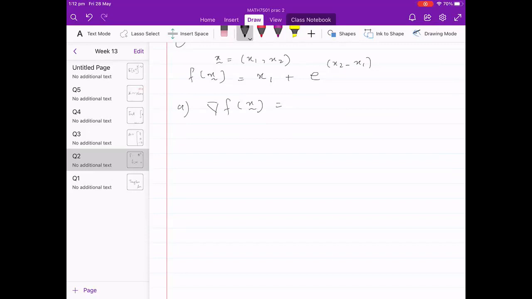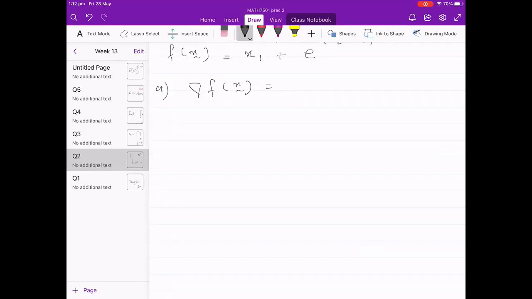Yeah, take the partial derivatives, which would be the partial with respect to x1 of your f(x) and the partial with respect to x2 of your f(x), which is equal to what?